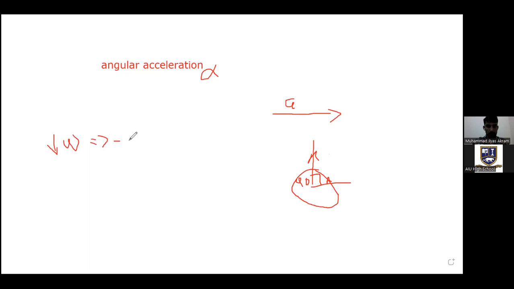That is also called retardation or deceleration.